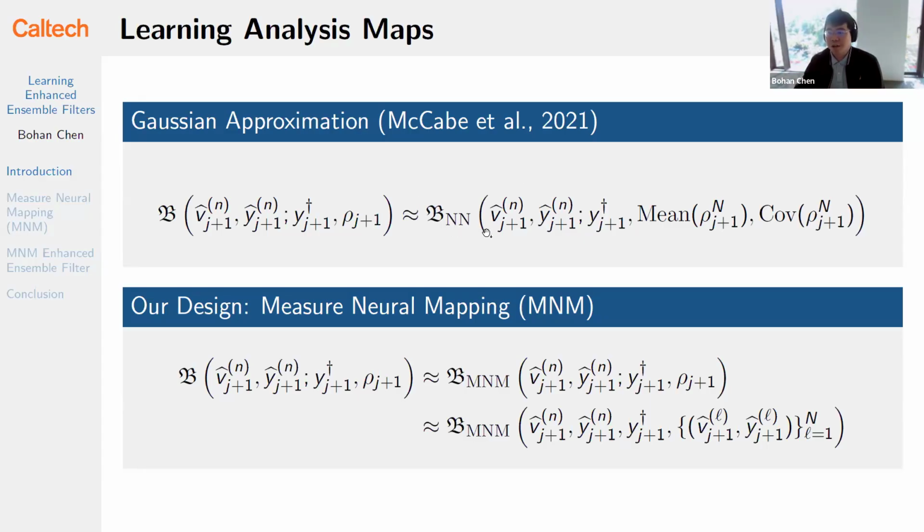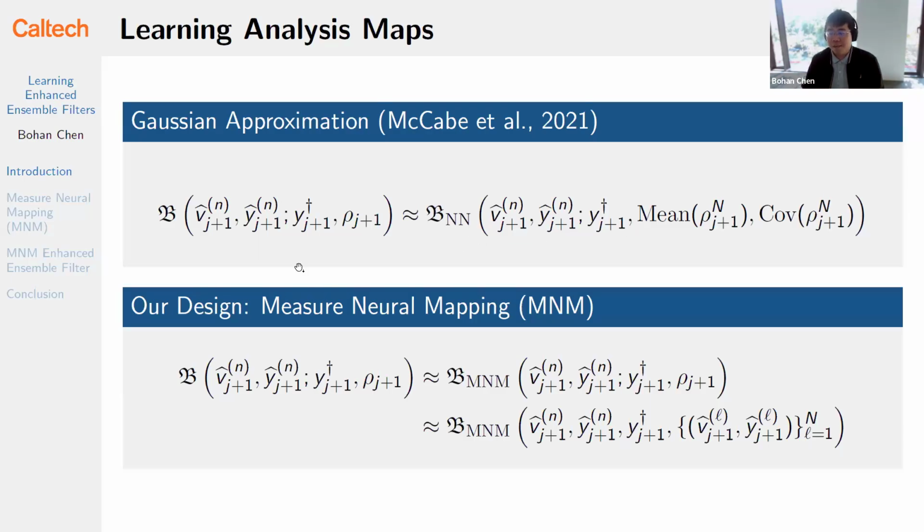Some people try to learn this script B by a neural network, replacing this rho_{j+1} by its mean and covariance. In this setting, because the mean and the covariance are fixed-dimensional vectors and matrices, we can design a classic neural network like the multi-layer perceptron for this task.